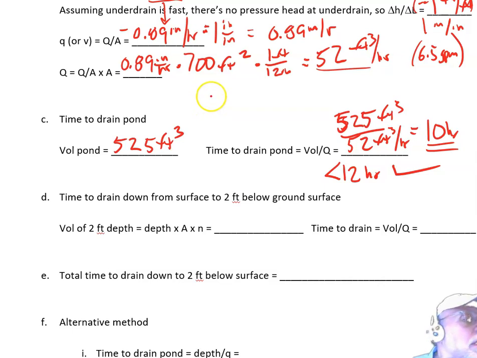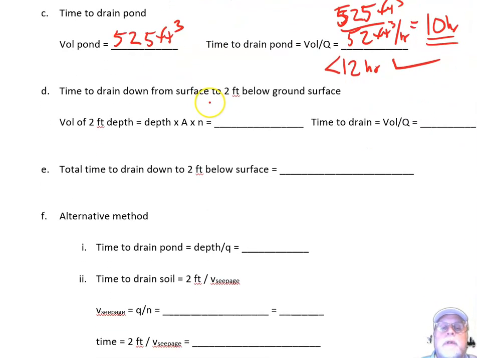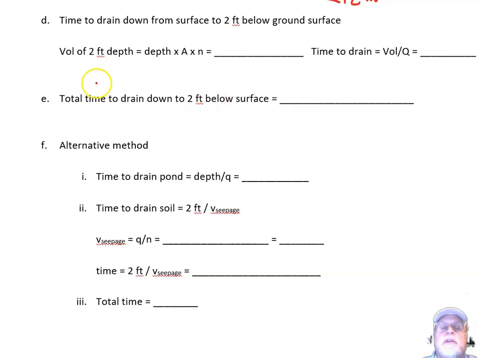So then our volume of 2 feet of depth of our subsurface is 2 feet times 700 square feet in area. What was the 525? 525 was the volume of the pond, which was 700 square feet times 0.75 feet, or 3/4 of a foot deep.